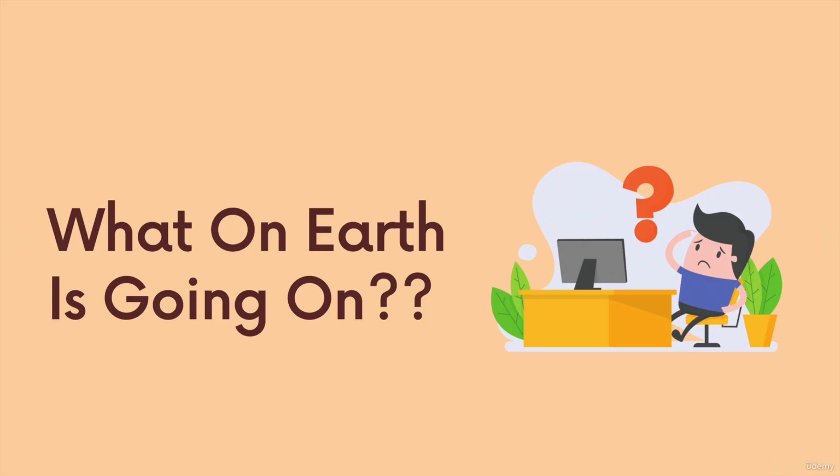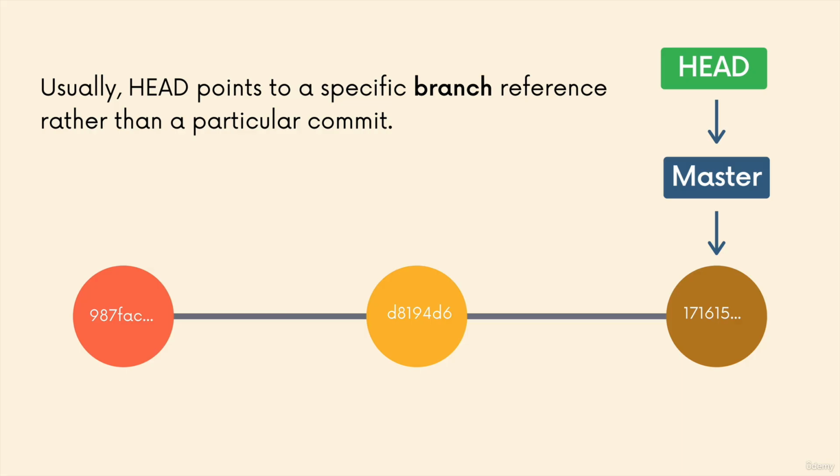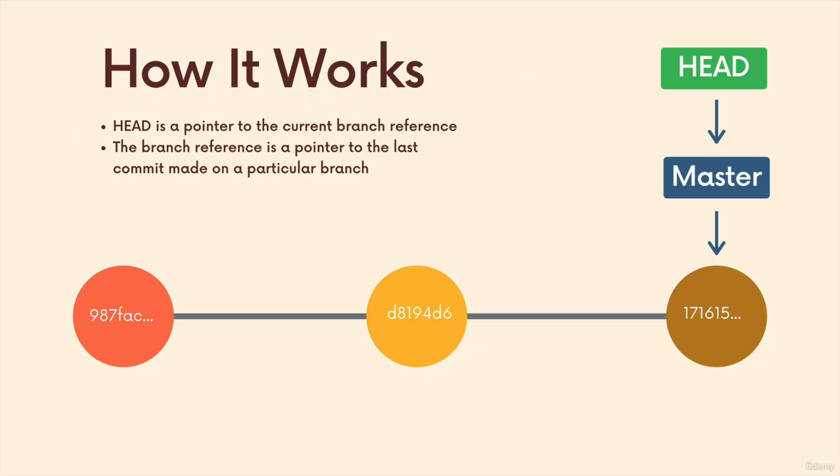So what is this detached head? Well, as we've learned earlier, but I'm just going to review, normally head points to a particular branch reference. Are you on master? Are you on bug fix or new feature, whatever branch you're on? Head points to the branch reference. And then the branch reference itself points to the tip of a branch, the most recent commit on a branch.